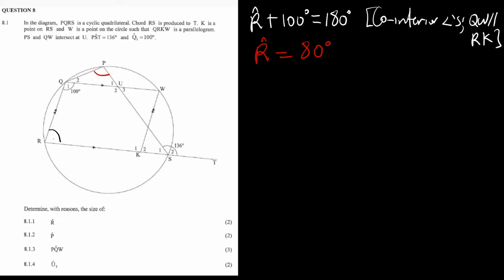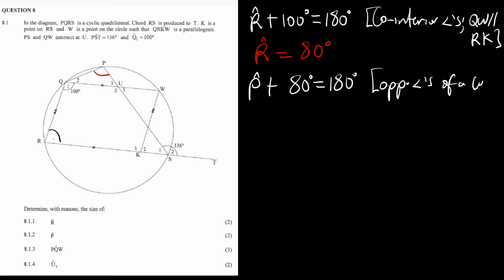So I'll say angle P plus angle R, which is 80 degrees, gives us 180 degrees. The reason is opposite angles of a cyclic quad. You must always write a reason. Don't write your statement without a reason. So angle P is going to be 100 degrees, because we subtract 80 degrees from 180. We are done with angle P.